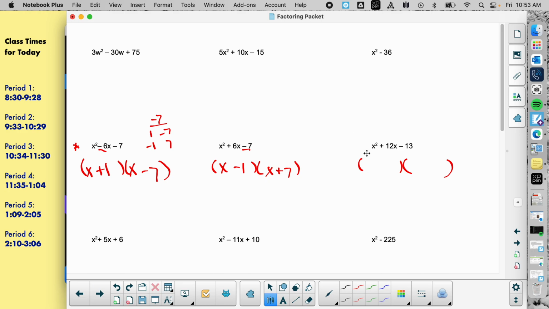Perfect. So I'm trying to get you guys to practice doing it in your head. And all of these examples right here are numbers that are easier in your head. But excellent job. -1 plus 13. Because those two numbers would multiply to be negative 13. They add to 12. And the more of these questions you practice, the better you get at understanding how it works. And so you just can think of it in your head rather than writing it down.